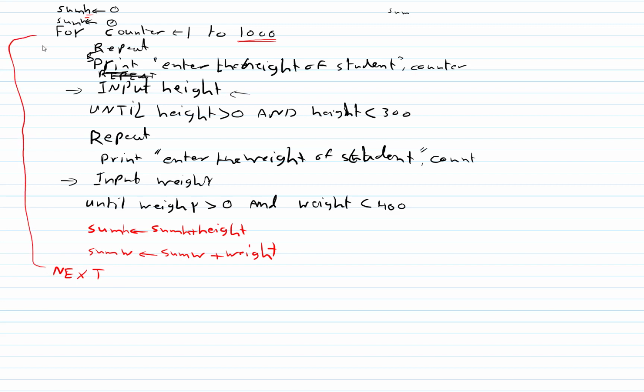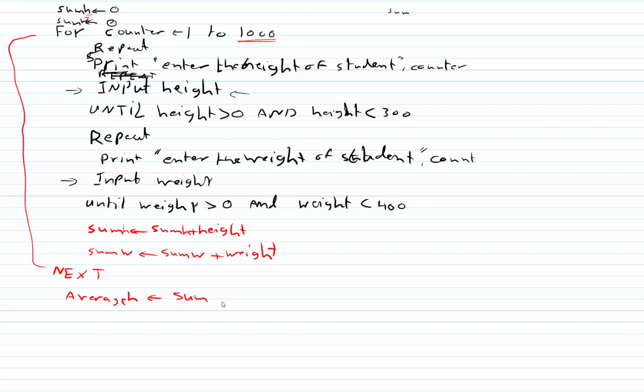After this repetition finished, we can find the average. So we can write average of height and average of weight. Average h equals what?